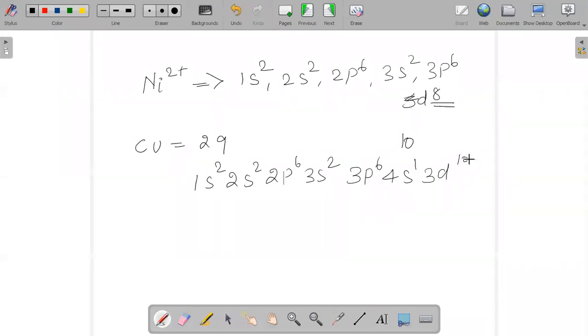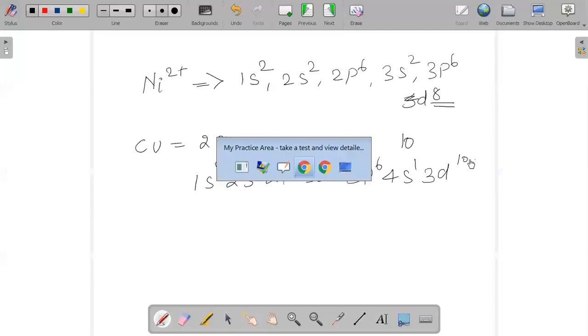It is due to the stability of a fully filled orbital that copper will always have an electron jumping to the d orbital. Hence you could say that the element with lowest atomic number is copper.